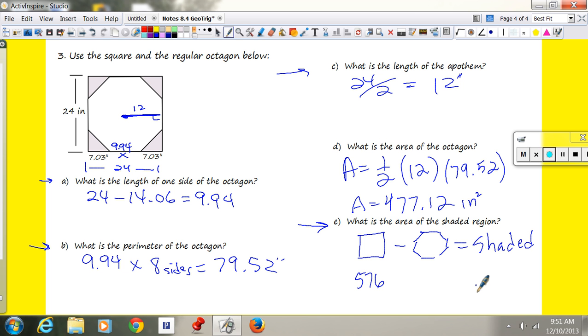How did I get that number? 24 times 24, 24 squared. Minus the 477 that we just found. What is the area of my shaded part? Somebody on their calculator get it already? 98.88 is right, and that would be square inches. That's your shaded part for area. All right, so those are regular polygons.